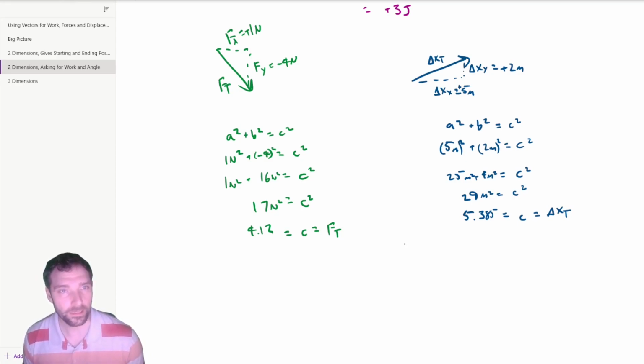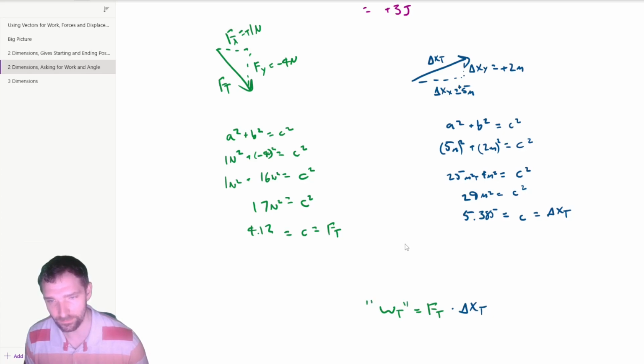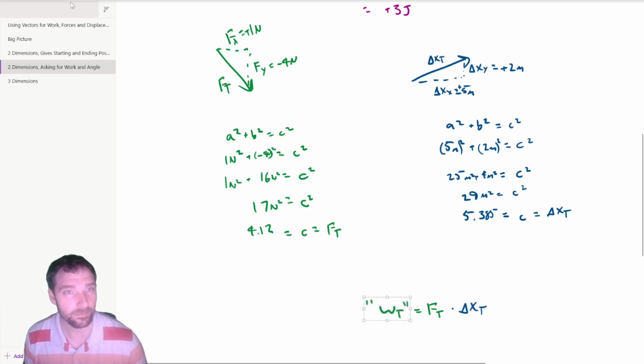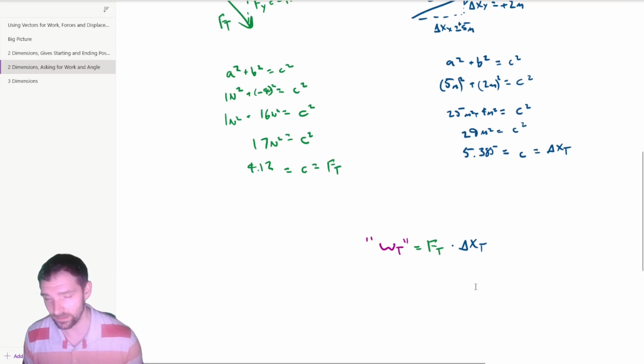So what you might think here is that if we have the change in x total times the f total, then that could be like what the work would be if it was along the same axis. So it isn't quite along the same axis here, so it isn't going to be that value, but this is going to be useful.